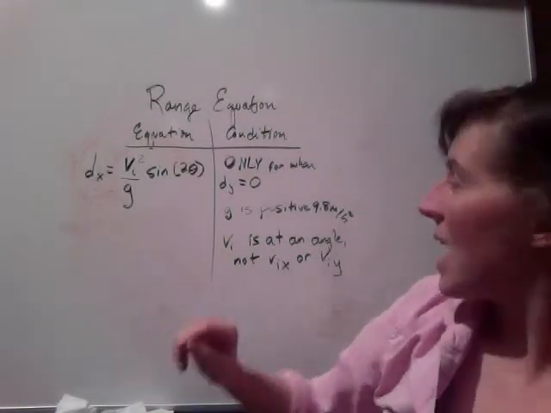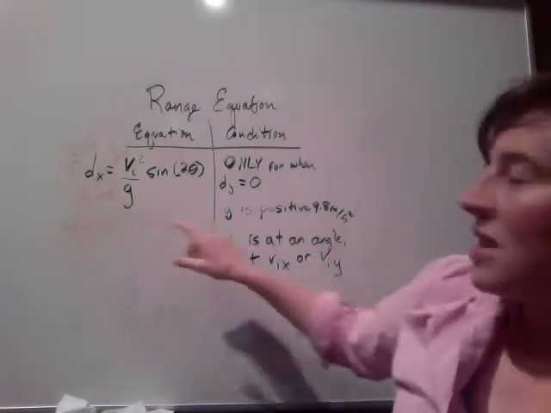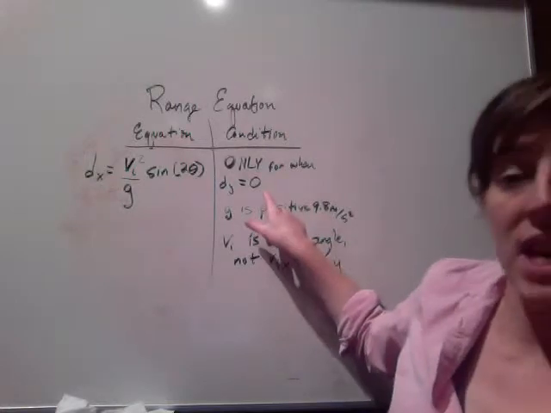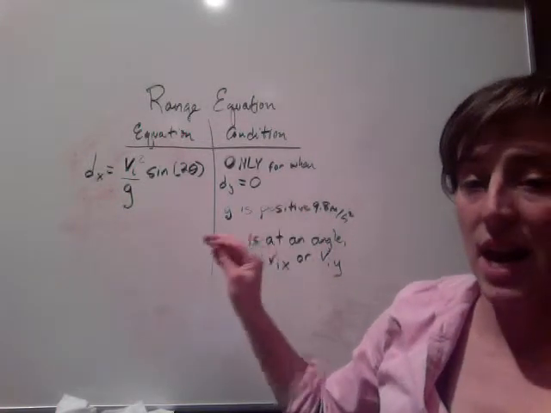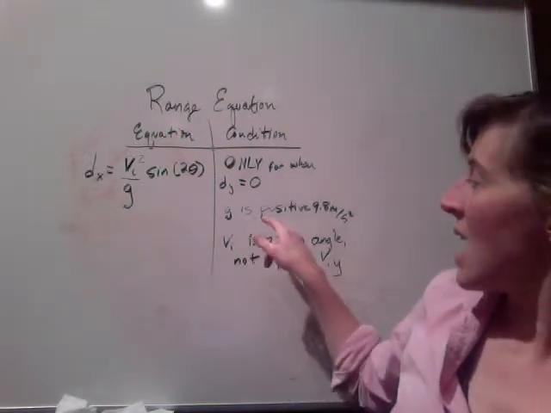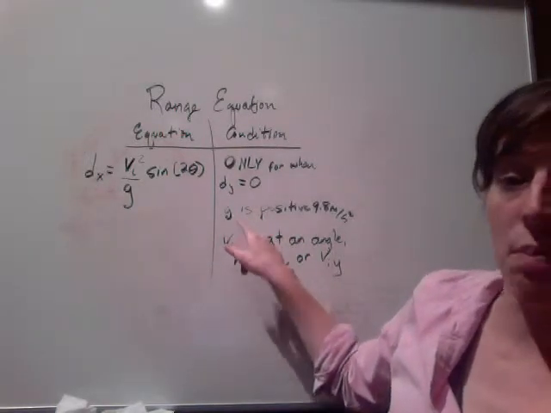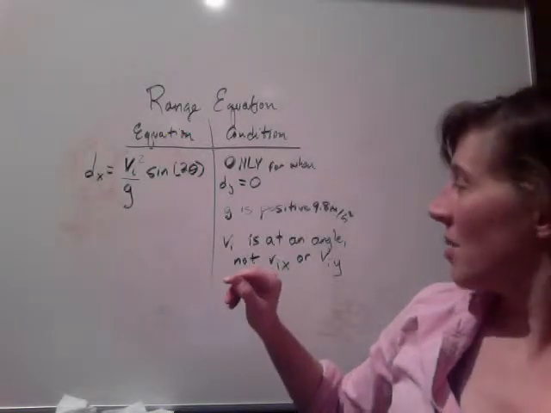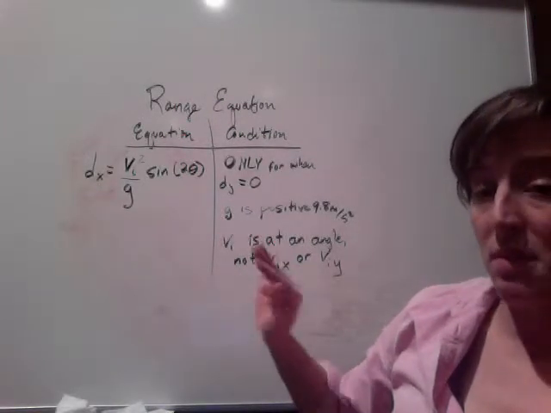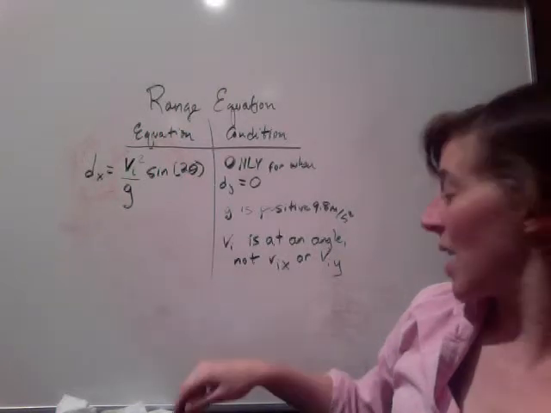So again, here's the equation. It's only for when the beginning and ending height is the same. And g in this case is positive 9.8 meters a second squared. This is one of those cases where it's going to be strictly positive, absolute value.